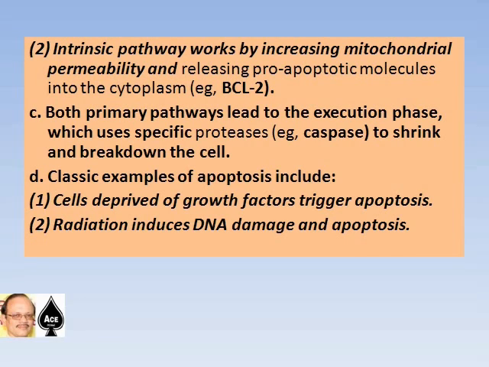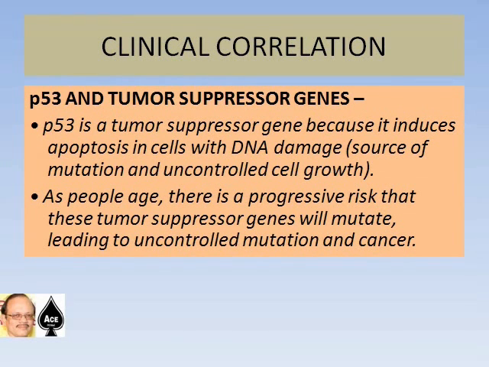Both primary pathways lead to the execution phase, which uses specific proteases like caspases to shrink and break down the cell. Classic examples of apoptosis include cells deprived of growth factors triggering apoptosis, and radiation inducing DNA damage and apoptosis.